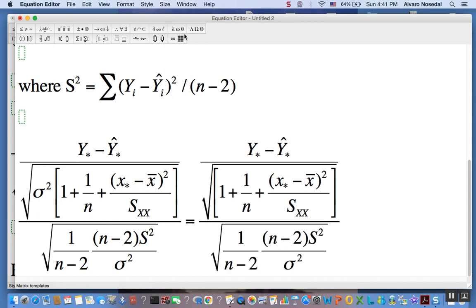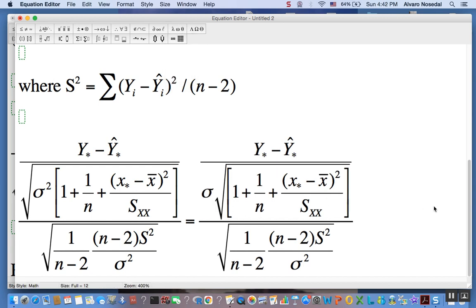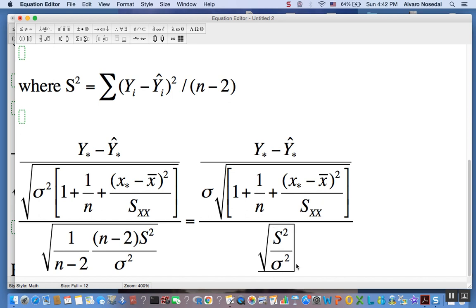As we said, these cancel out. The square root of s squared divided by sigma square will in the end be just s divided by sigma. Let me write that down: s divided by sigma.